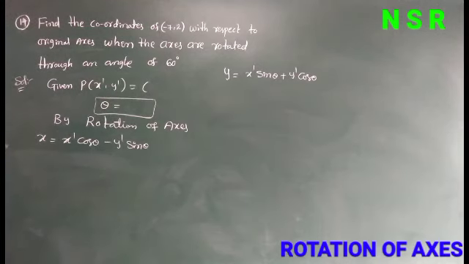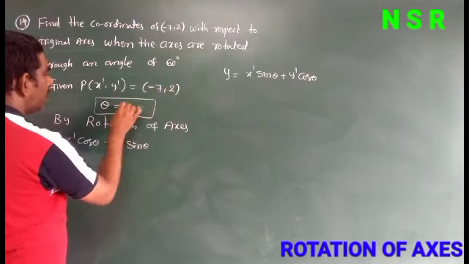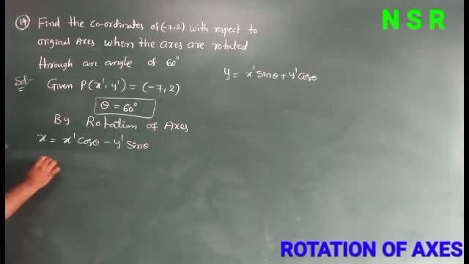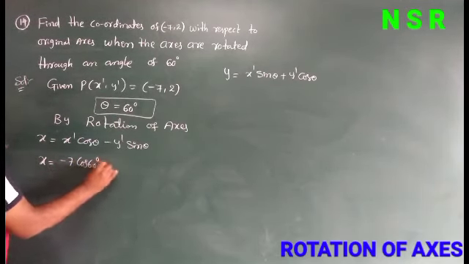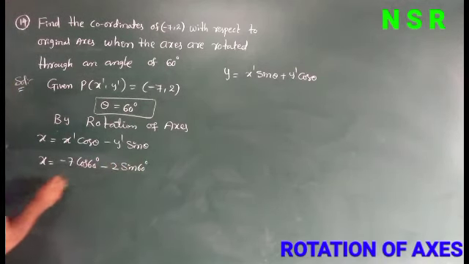So next, question number 14, similar to the 13th question. Here also find the coordinates in the original axis. Here the given point P is (−7, 2) and the angle is 60 degrees. Now by rotation of axis, write the x formula: x = x' cos θ − y' sin θ, that is, −7 into cos 60 degrees minus 2 into sin 60 degrees.